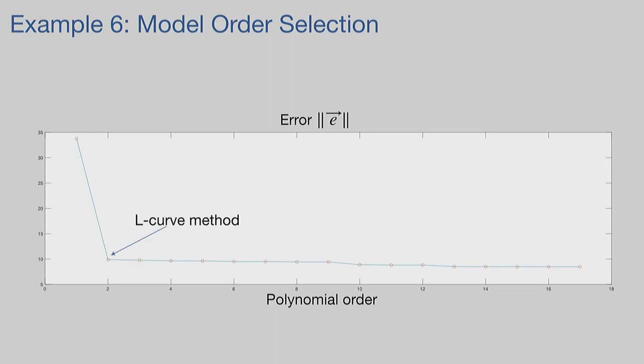So this is called the L-curve method, because it kind of looks like an L. You see that it looks like an L? And so if you see a sharp kink, you go like, well, after that, it's probably just overfitting. Okay, so you could do it that way. That's one method to find the order selection.